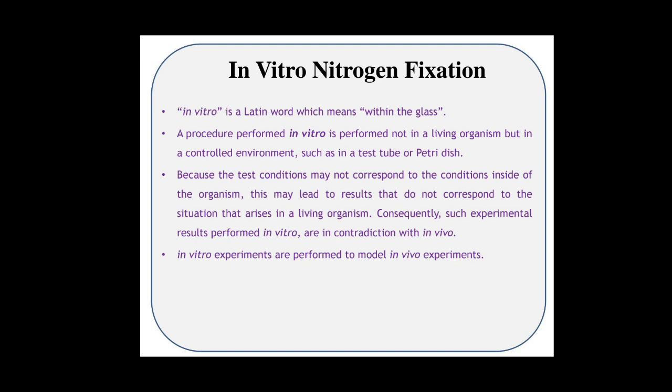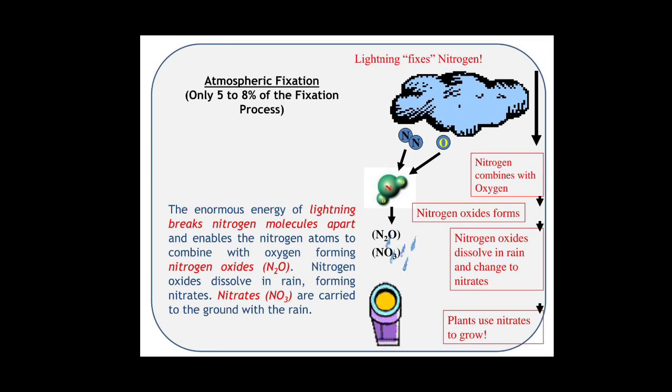In vitro experiments are performed as a model for in vivo experiments. Simply, we can say in vitro nitrogen fixation can be done in laboratories or for industrial use, but these may also contradict the results from in vivo nitrogen fixation.